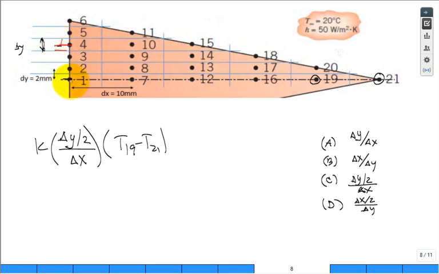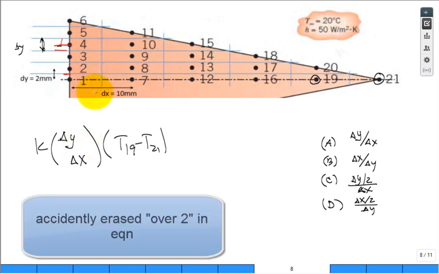And then we have the blue line to the symmetry line, which goes right through the node. It's not like the symmetry line is below the node. Yeah, the symmetry line goes right through 17. So when I come over here, that distance from here, right here, is only dy over 2. See it? Yes.